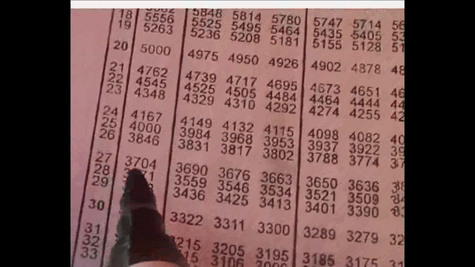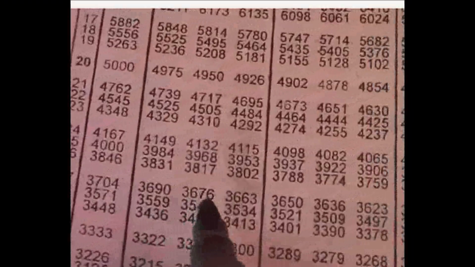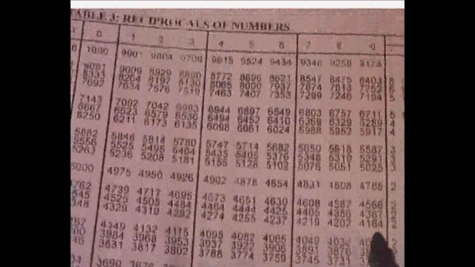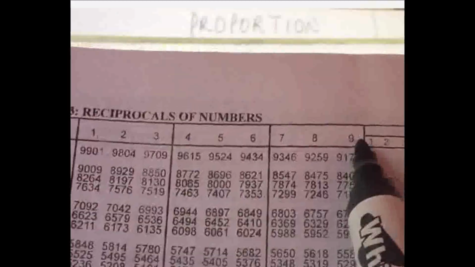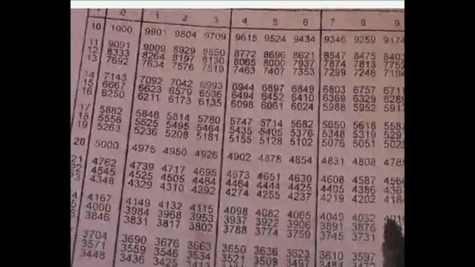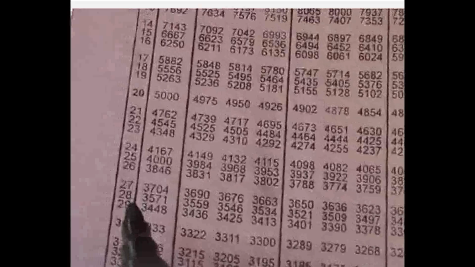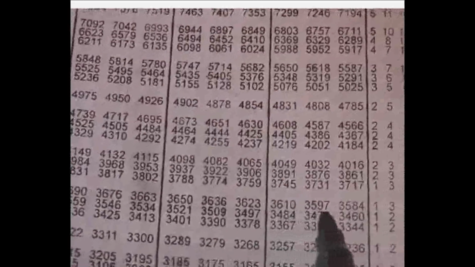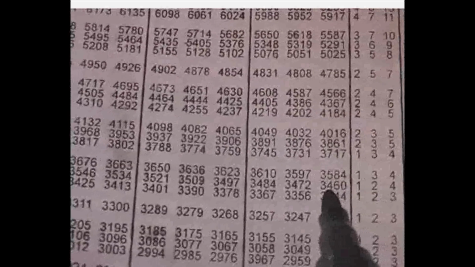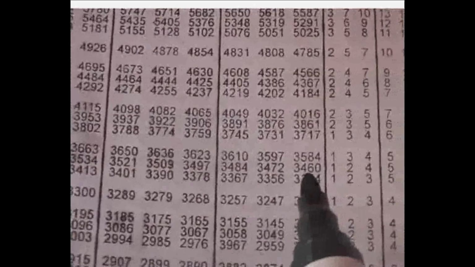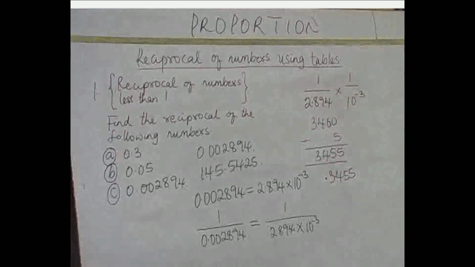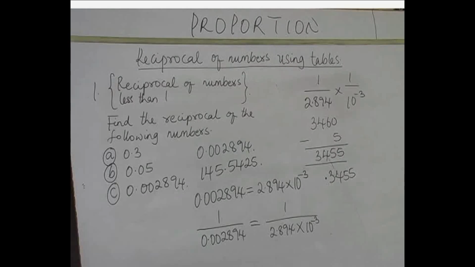Then under 9, this is 0, 1, 2, 3, 4, 5, 6, 7, 8, 9. You can see the 9th column. Wherever it tallies with 28, you can see the tracing. You can see 3460. That was why you saw the 3460 that I wrote there.